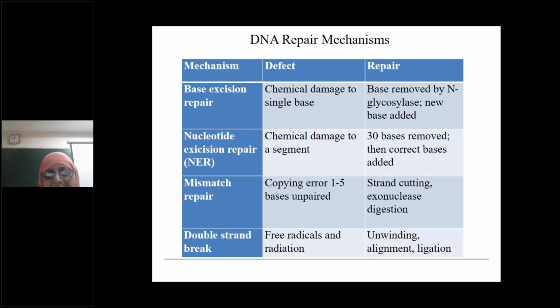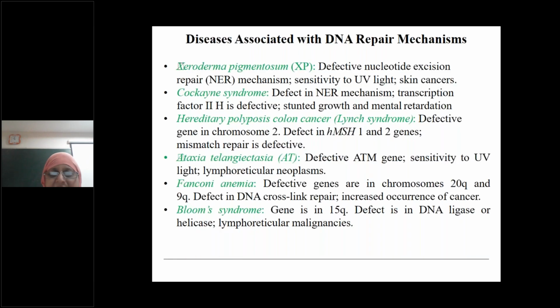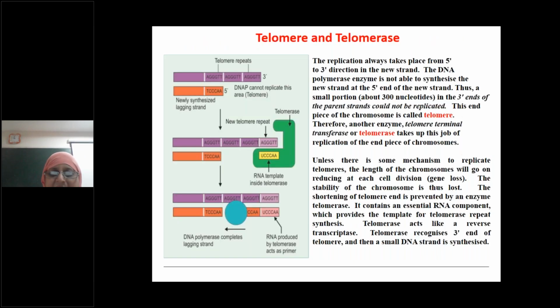Base excision repair, nucleotide excision repair, mismatch repair, and double-stranded break repair. And then there are some diseases that may be associated with defective DNA repair mechanisms. And we talked about the telomere and the telomerase, right? So now I'll be showing you one video.